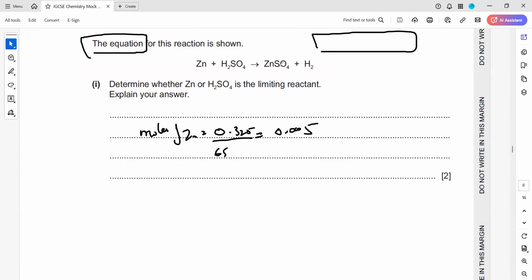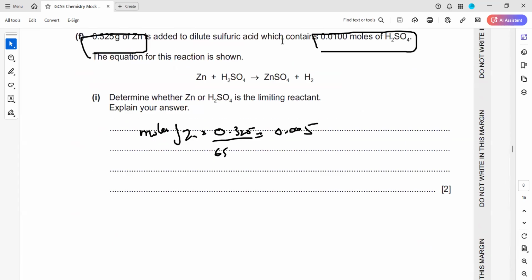0.005. Now, if you see the question, how many moles of sulfuric acid were there? 0.01, two zeros. According to the equation, the ratio is 1:1. 1 mole of zinc requires 1 mole of sulfuric acid. But according to the moles we have, zinc is 0.005 and sulfuric acid is 0.01.